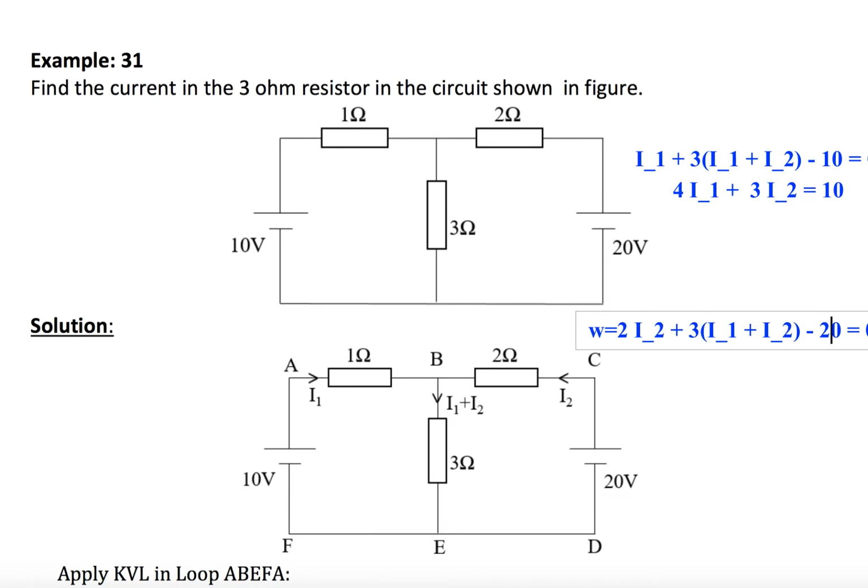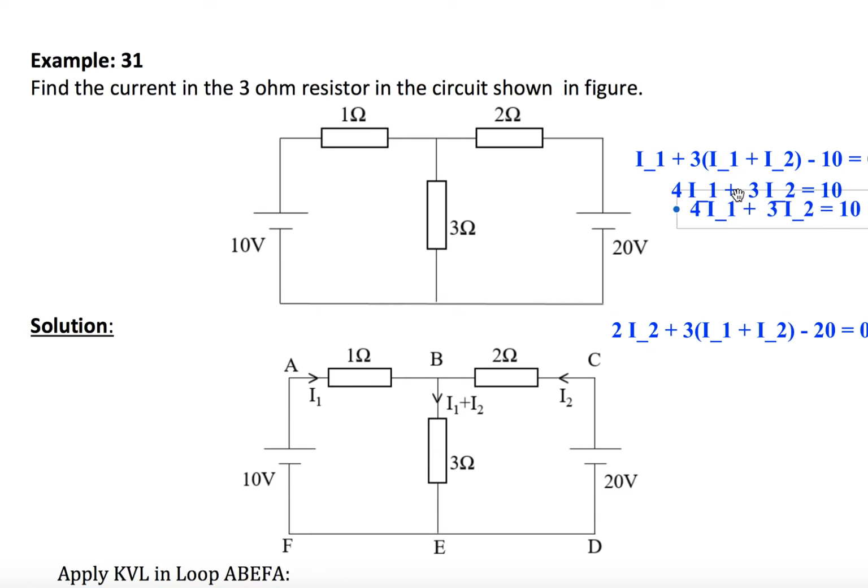Since we encountered the negative terminal first, that becomes minus 20. Then this becomes 3 I1. Coming to I2, 3 plus 2, 5 I2, equal to 20.